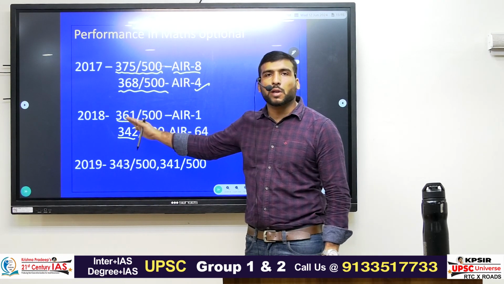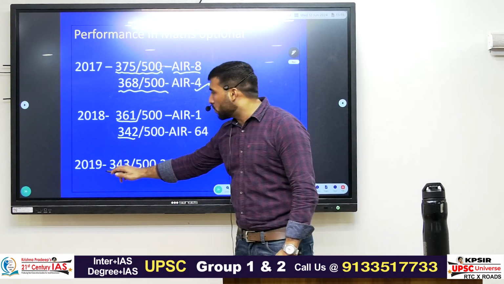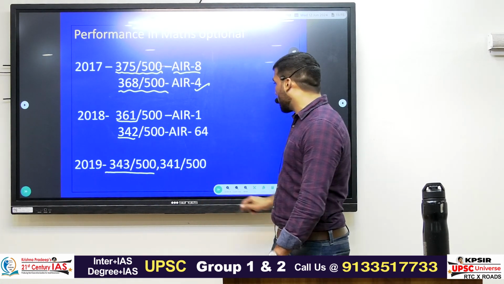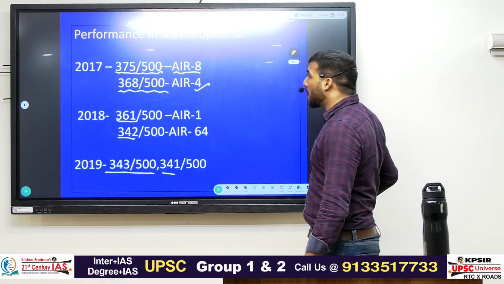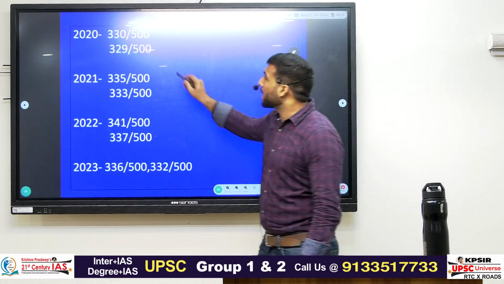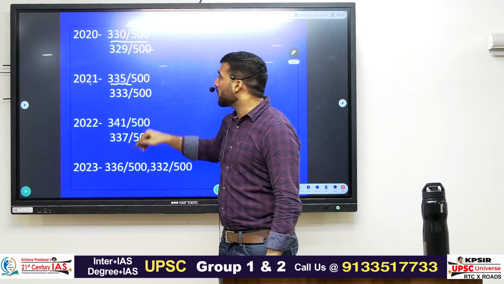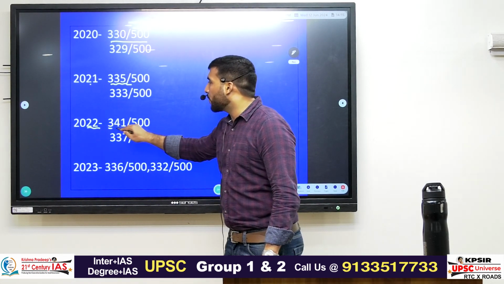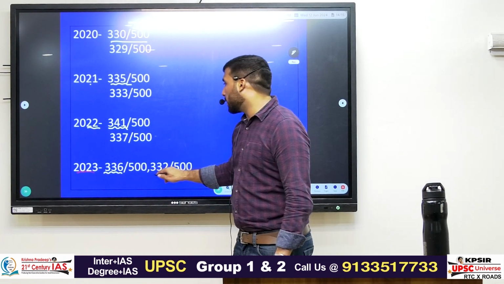This is the performance of each and every year by choosing maths optional. In 2019, 343 marks and 341. These are some of the highest scores in maths optional. 330, and in 2021, 335, and 2022, 341. In 2023, 336 and 332.